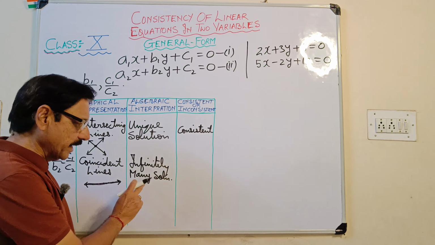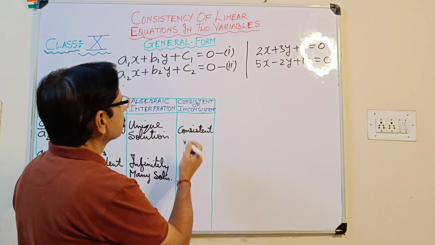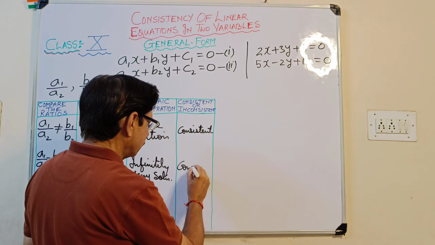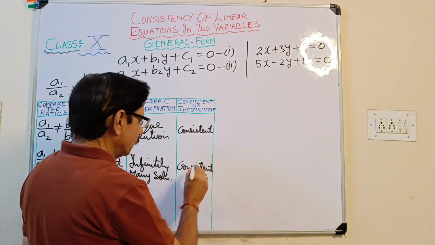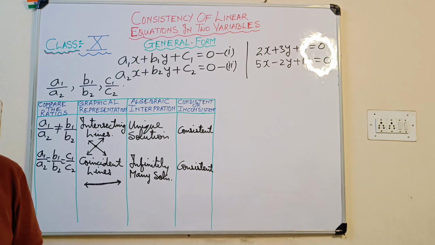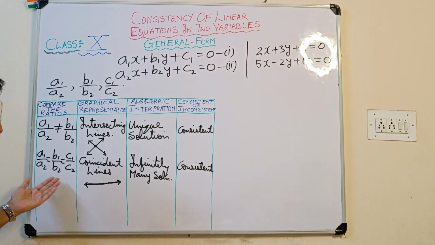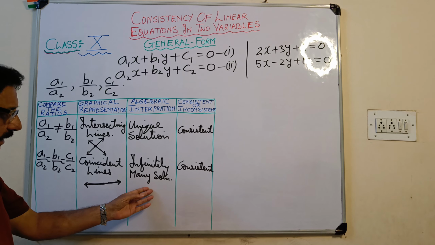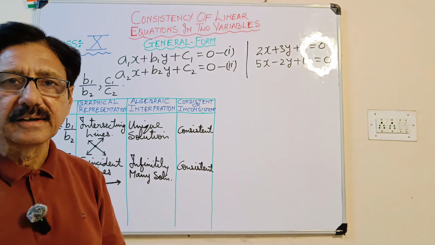So again, because we are getting the solution, the pair of linear equations, whatever is given to you, is consistent. So again, all three things we have checked. In one chart only, you are learning that in this case you will get coincident lines, infinitely many solutions. So solution you are getting, so consistent.